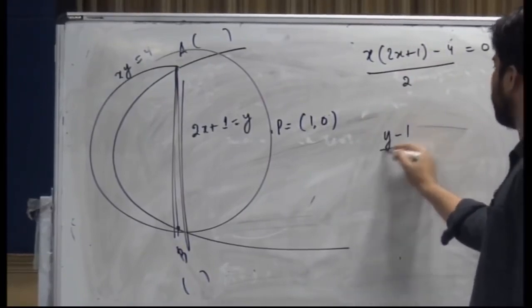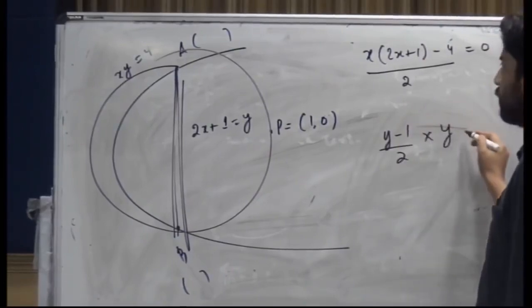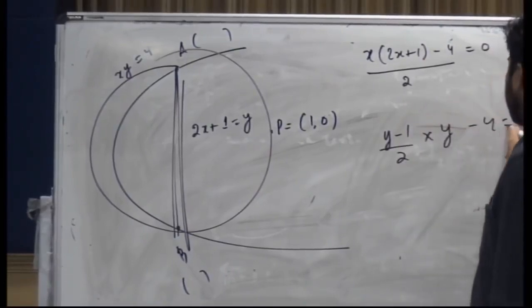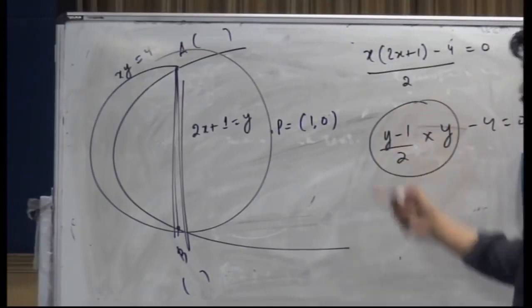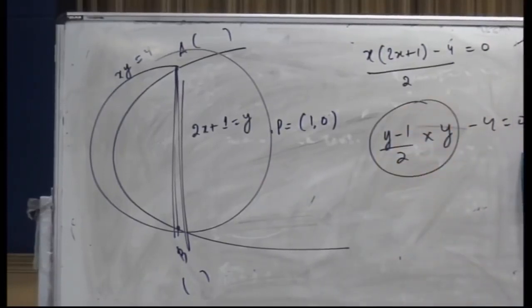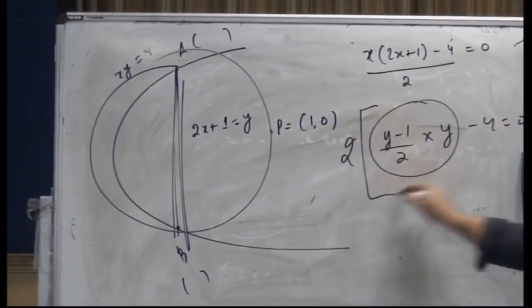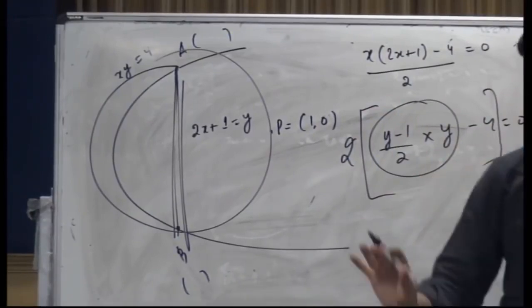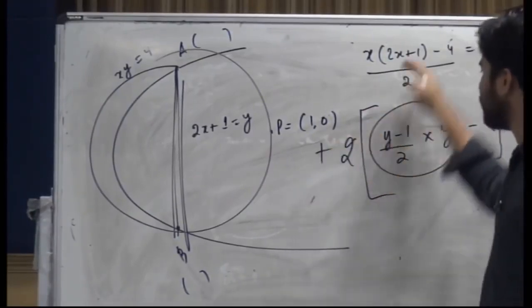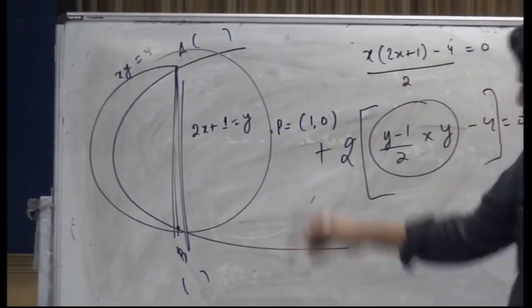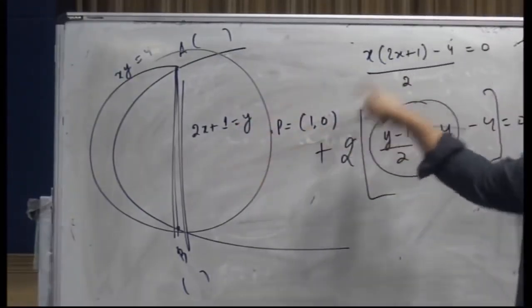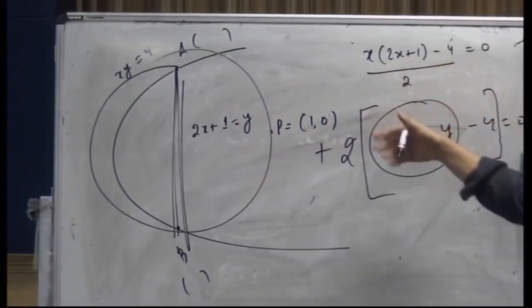Y minus 1 by 2 into y is minus 4 is equal to 0, right? What's the coefficient of y square? Half, right? Then this plus this gives you the diametric form, and then put 1 comma 0.